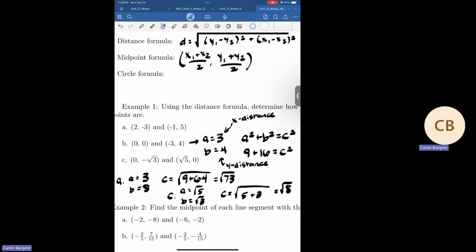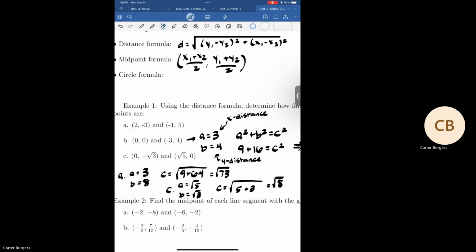So what we often see is this formula of x minus h squared plus y minus k squared is importantly equal to not r, but r squared. And we don't take the square root of both sides.